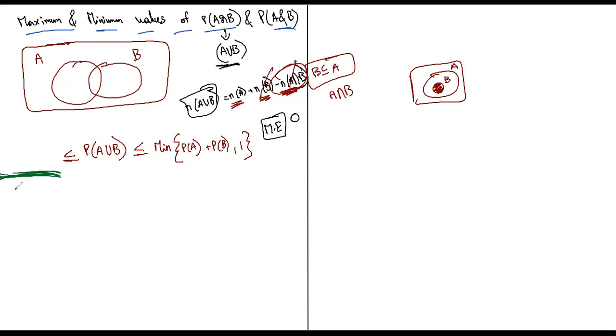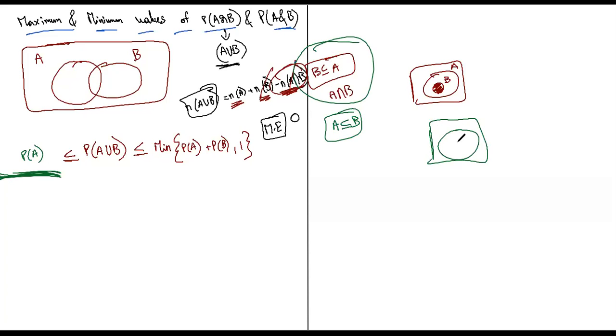So what is the minimum value of P of A union B? See, in the example I gave over here, the answer will be P of A. Okay, but if A were a subset of B, then the answer would have been P of B. Then you'd have A inside B. So the minimum value you get when they are a subset.